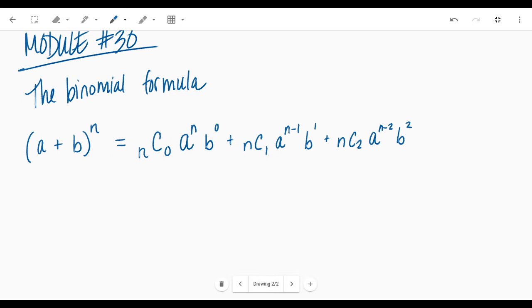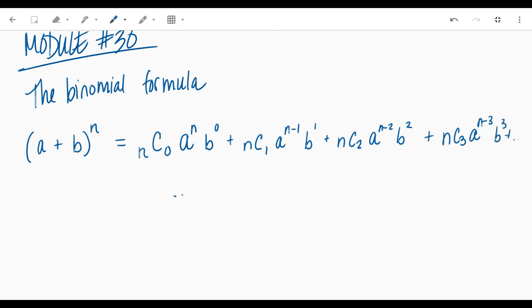Then we would continue doing this, where the n choose something just keeps going up. Here, I'll do one more: n choose 3, a to the n minus 3, b to the third.